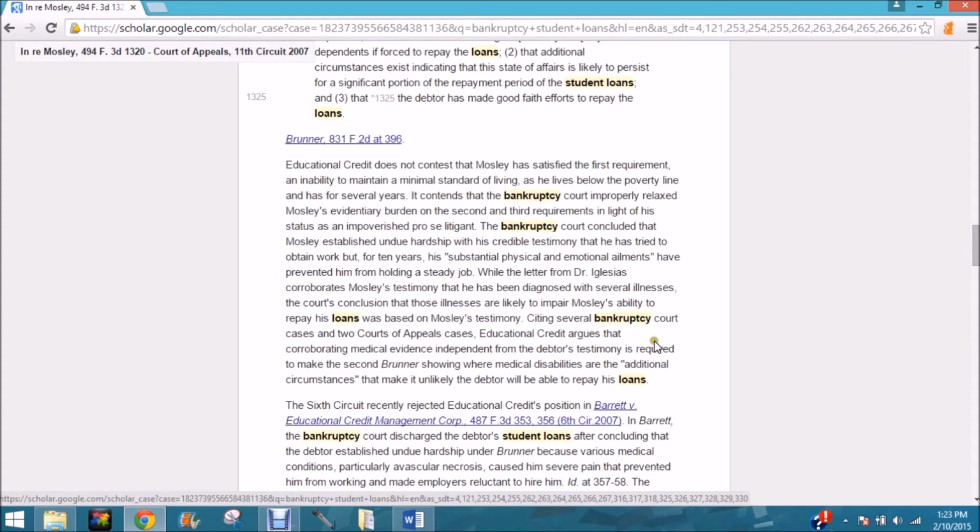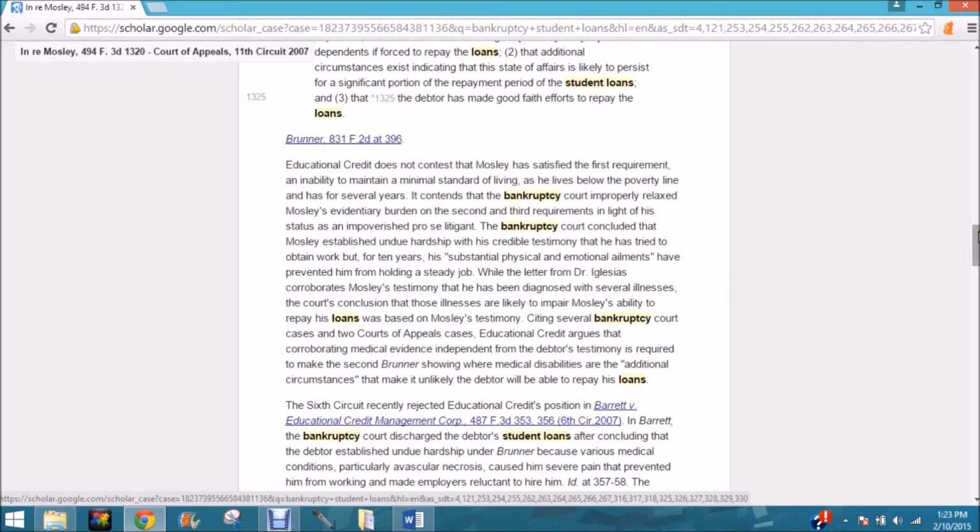Several illnesses likely to impair the ability to repay the loans. The educational credit argued that he had to have medical evidence, that is from an expert, in order to make the showing of those extra circumstances that would make it impossible for him to pay.